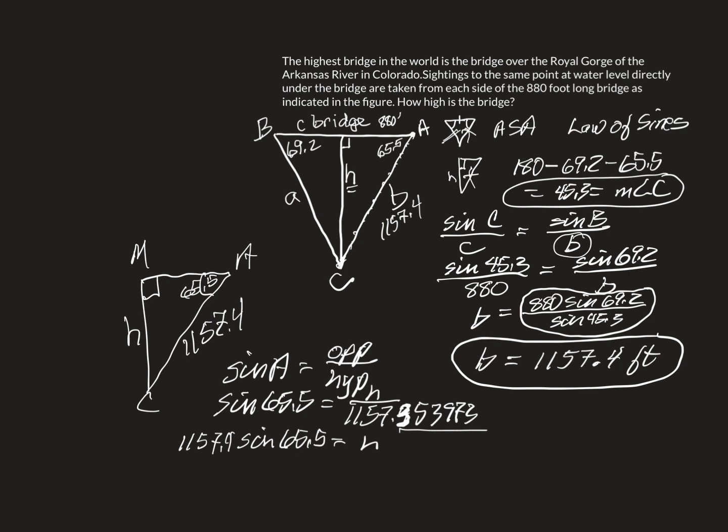So if I hit times sine 65.5, it takes the answer I previously got and just multiplies it. So I'll have no round off error now. Okay? I multiply that and I get 1,053.1 feet is the height. And this is our final answer.